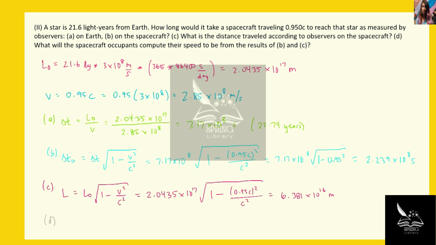And so I'm going to call it v naught, we can find with L divided by delta t naught, which gives me 6.381 times 10 to the 16th meters divided by 2.239 times 10 to the 8th seconds.